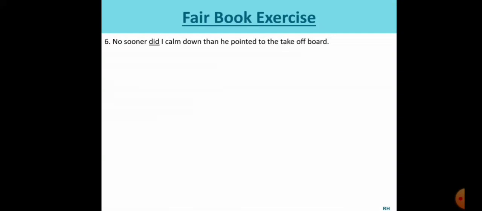No sooner did I calm down than he pointed to the takeoff board. Now here the auxiliary verb did is already given, students, so we will not look at the word calm. Did is in the past tense, right? So what will we do? We will remove the words no sooner and replace them with the word hardly.